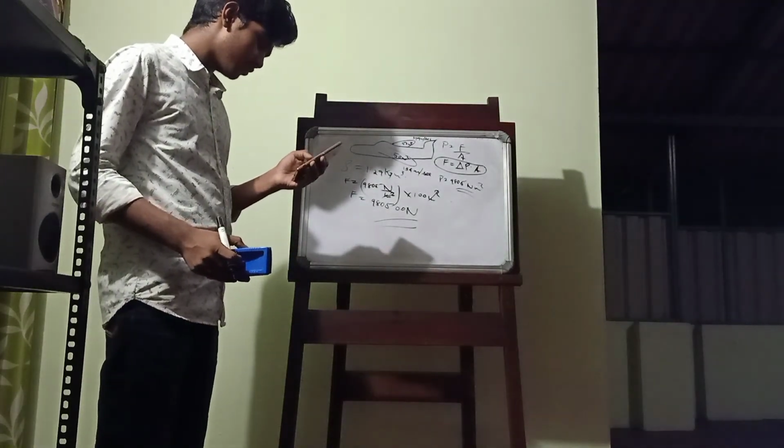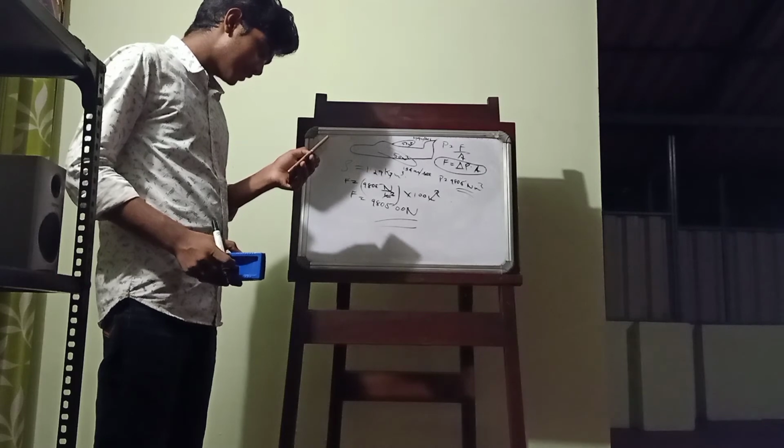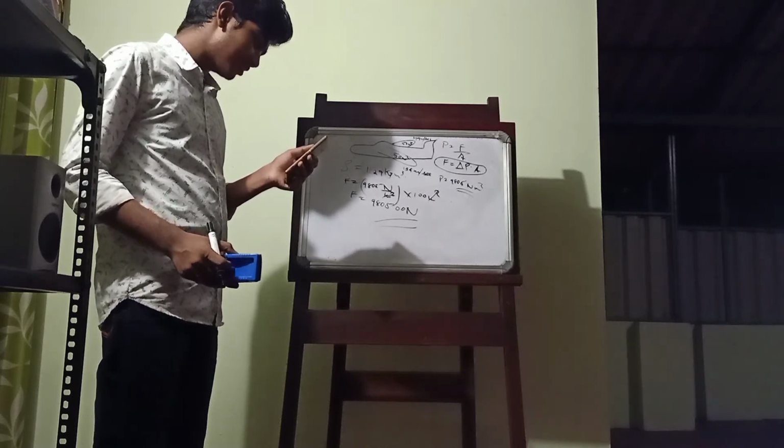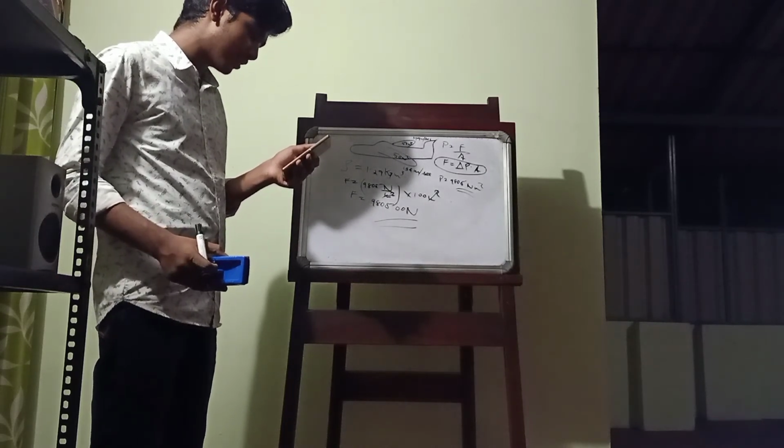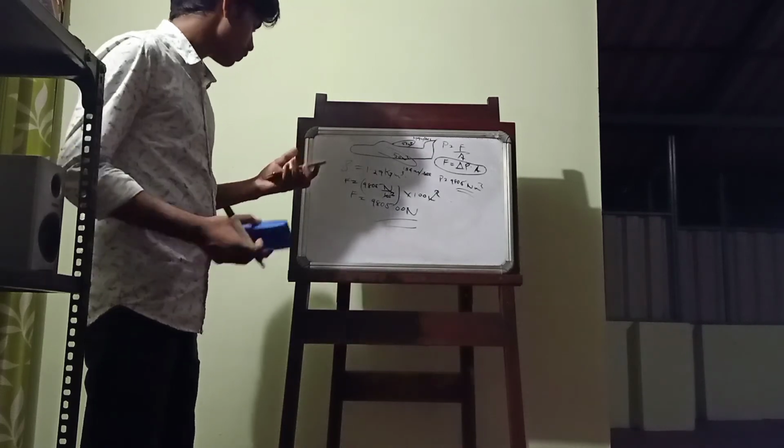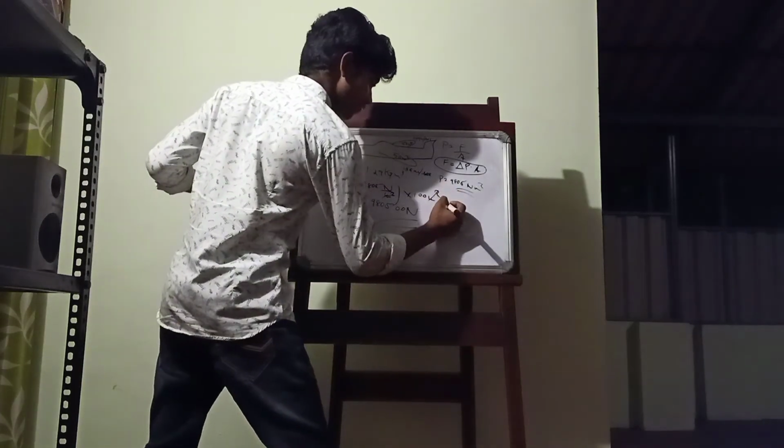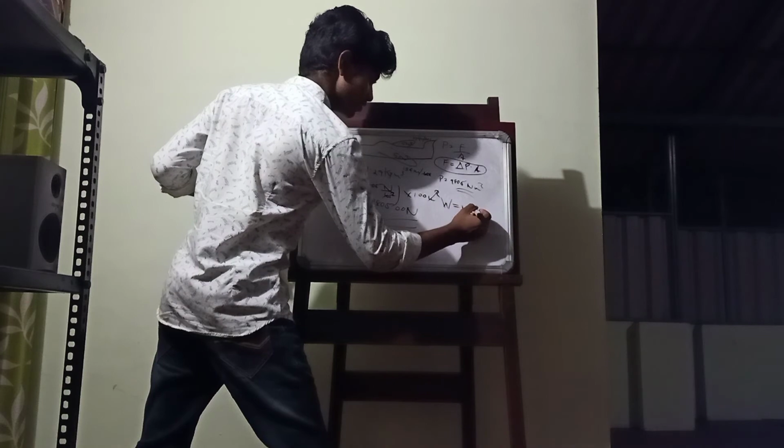One more thing: find the weight also, if the mass is 5,000 kilogram. I remember the equation of weight. Weight equals mg.